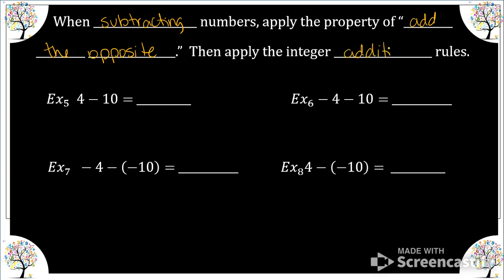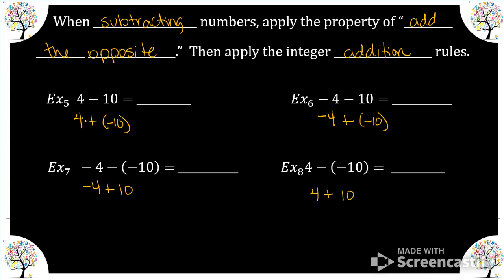So it always goes back to the addition rules. Keep, change, change. Number 7, keep, change, change. And the last one, keep, change, change. So we only do this if we have subtracting problems like we do here.